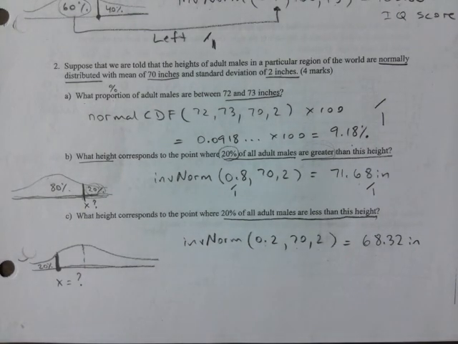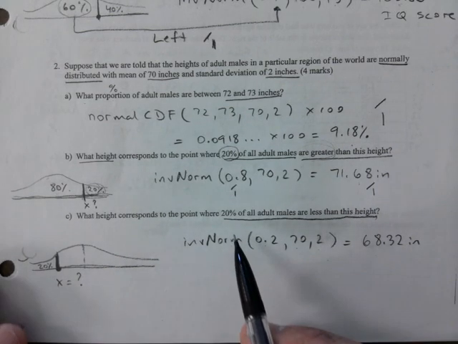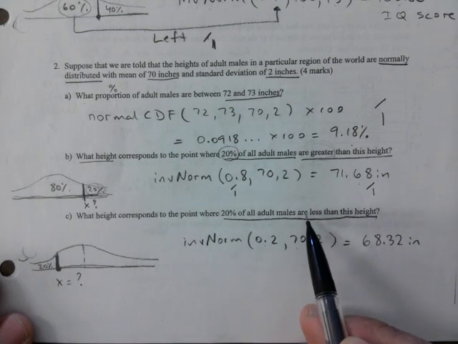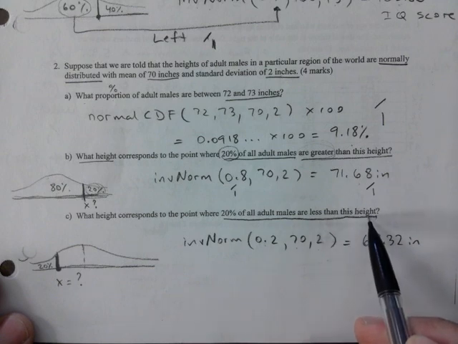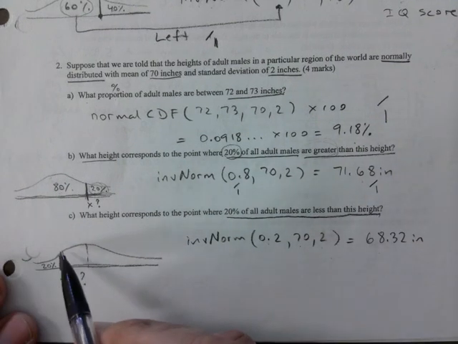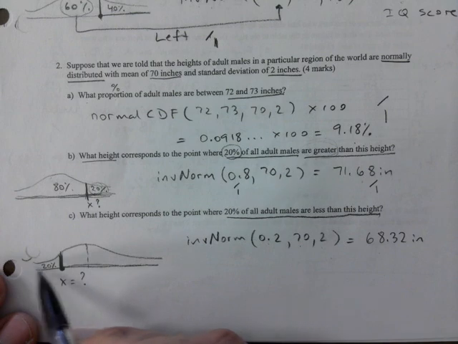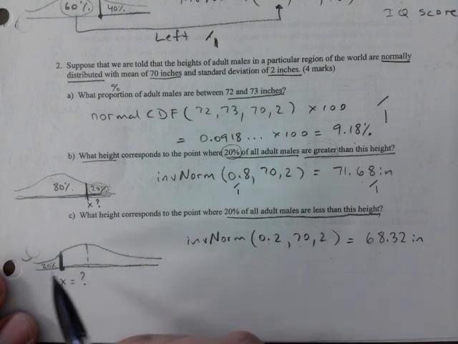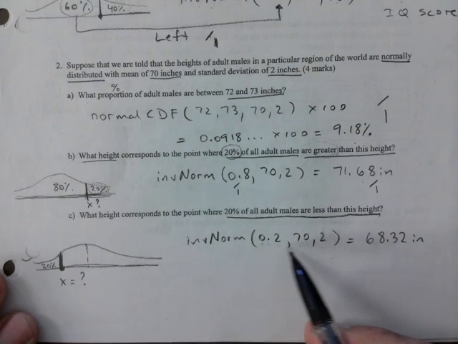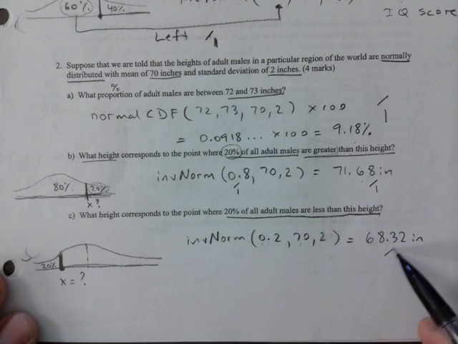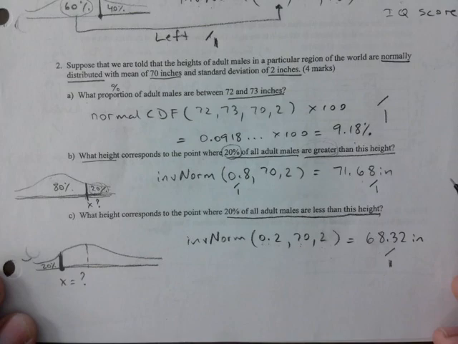Okay. What height corresponds to a point where 20% of all adult males are less than this height? Right. So what point so that 20% are less than this height? So you're definitely here somewhere. In this case, it's just 0.2, 72, and so this is just a mark here.